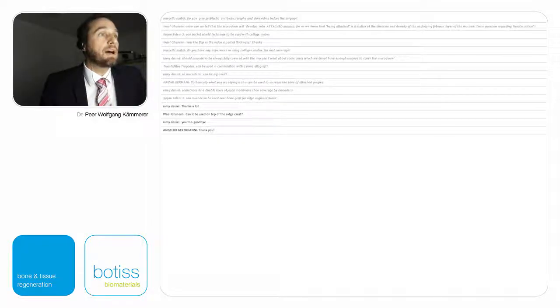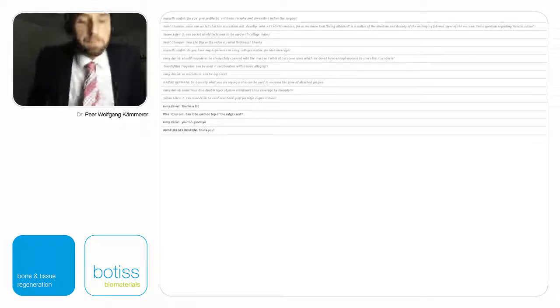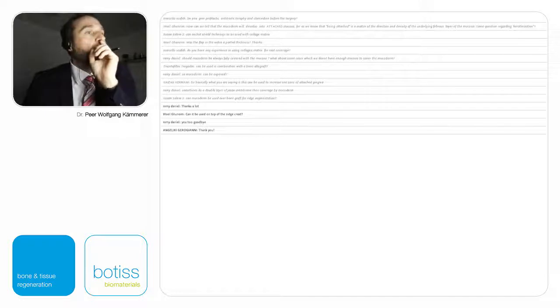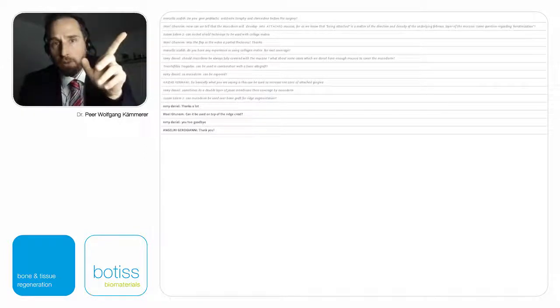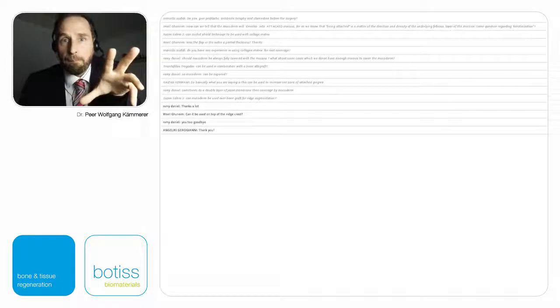Next question is, can it be used in combination with bone allograft? Yeah, that's what we do all the time. We use it together with allografts. So we do the augmentation with allografts, but not with mucoderm, sorry.